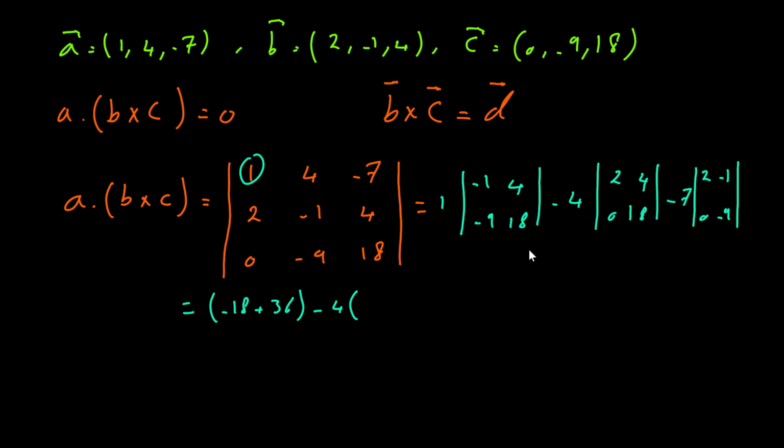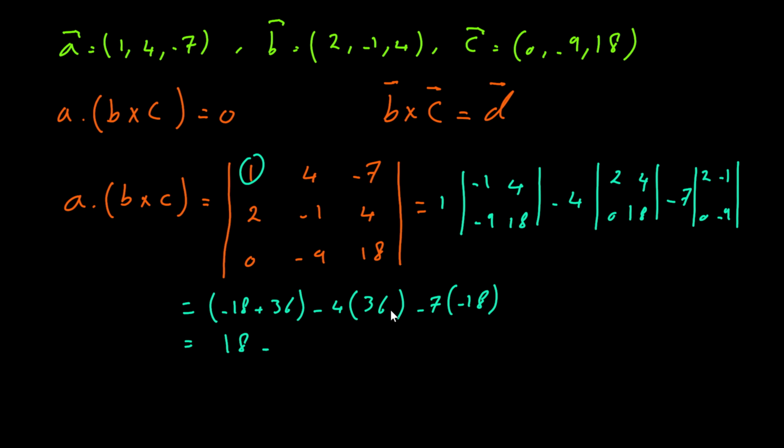Minus 4 multiplied by 2 times 18, 36, minus 4 times 0, 0. Minus 7, 2 times -9, -18, minus 0 again.